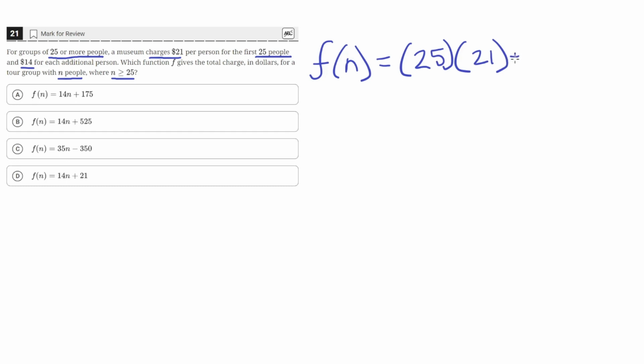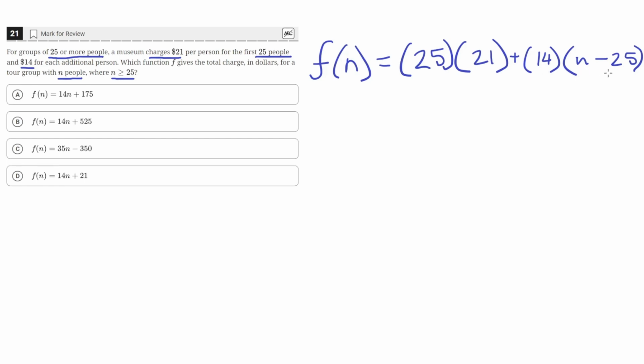Then we have to add how much is charged for the rest of the people after the 25th person. So that would be 14, since people after the 25th are only charged 14 per person. And then n minus 25. Because the first 25 people were charged 21, but then the rest were charged 14.